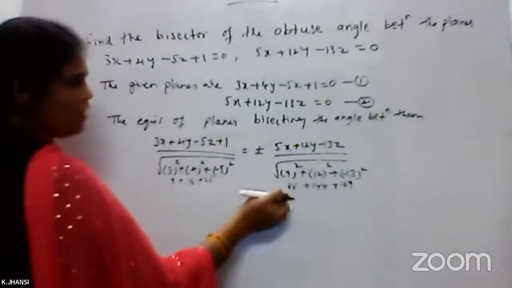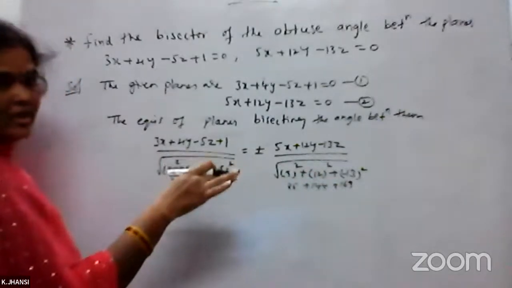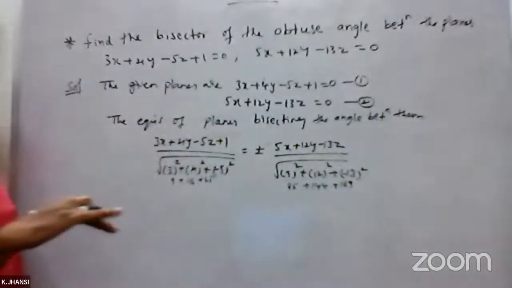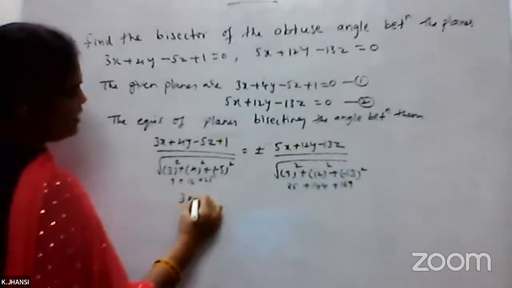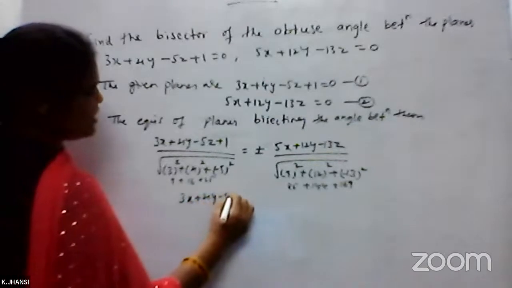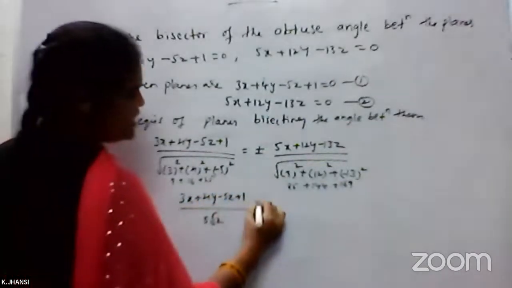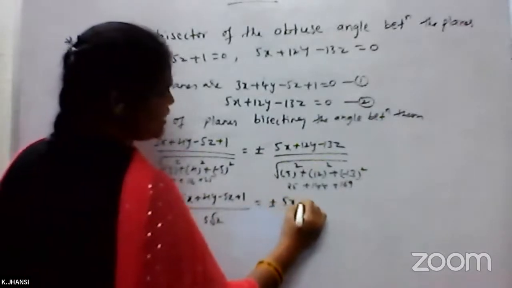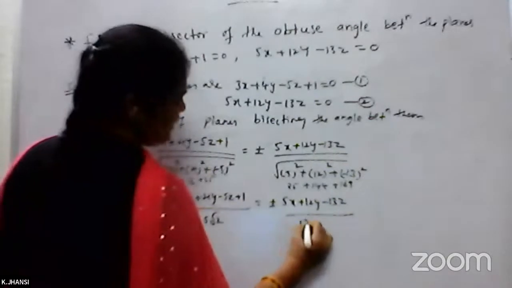Because 13 is there, no? So you can take out 13 outside, that is 13 root 2. So this is (3x + 4y - 5z + 1) by 5 root 2, equal to plus or minus (5x + 12y - 13z) by 13 root 2.